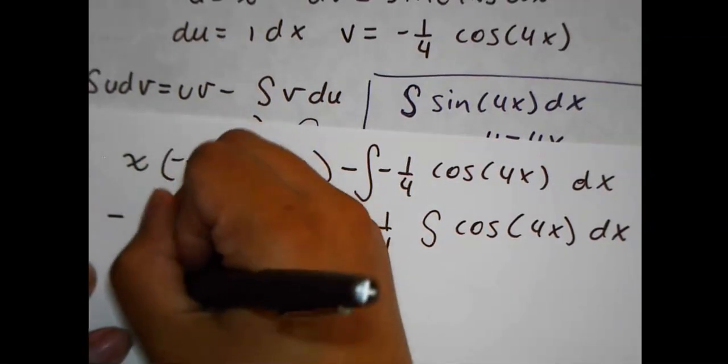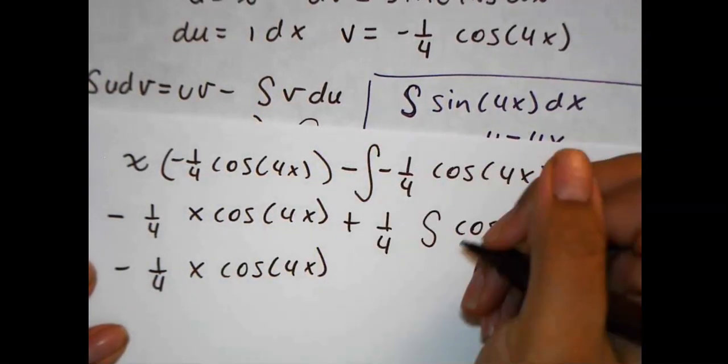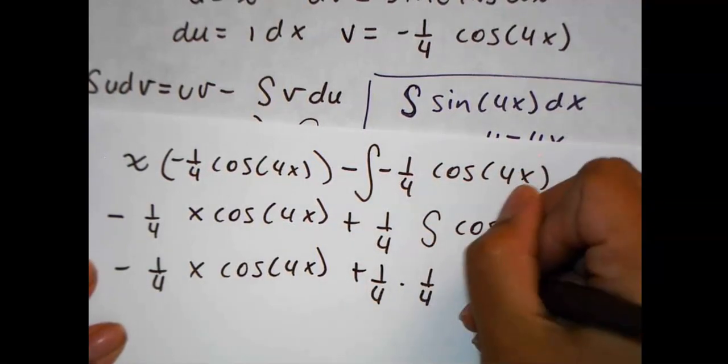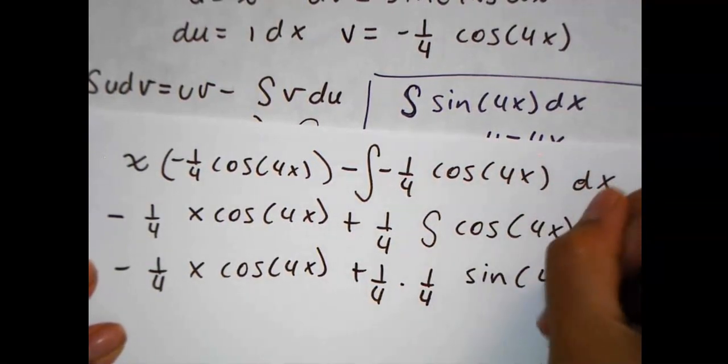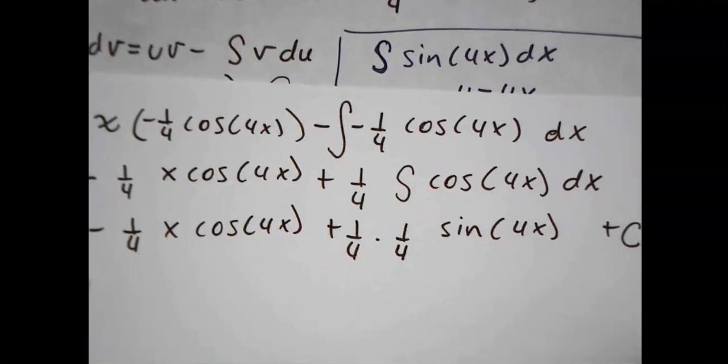So I'm going to have negative 1/4 x cosine of 4x plus 1/4 times 1/4, and in this case sine of 4x.